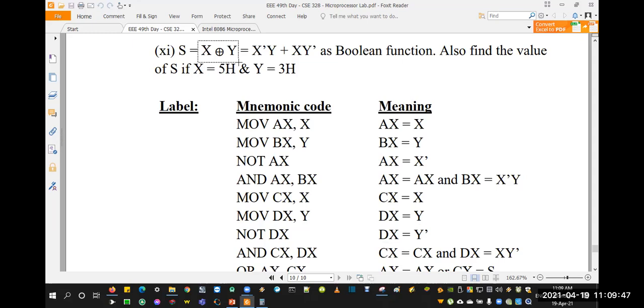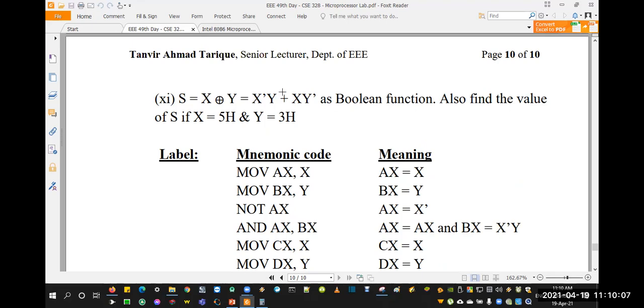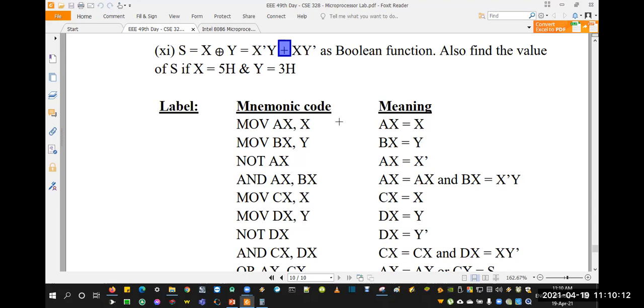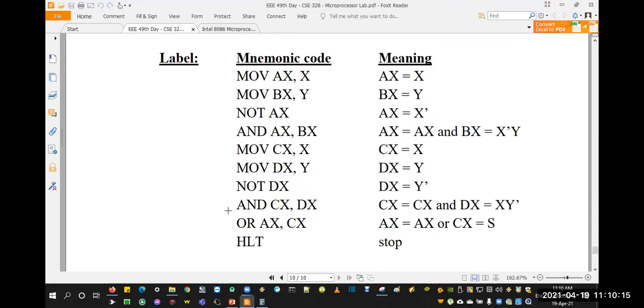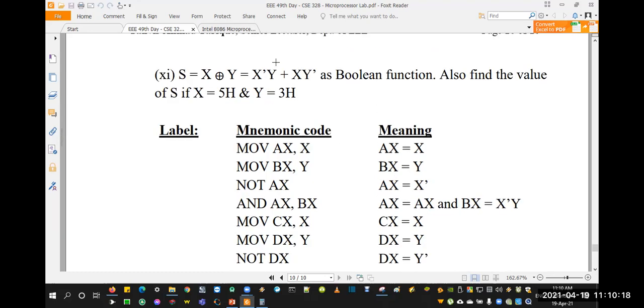You can do that by this, another way of x or y, using the AND, OR basic gates, like x bar y plus xy bar. You have to carefully notice that there is a plus sign, but this is a logical or Boolean equation. That's why you have to use OR. You cannot use the add instruction in the Boolean or logical instructions.